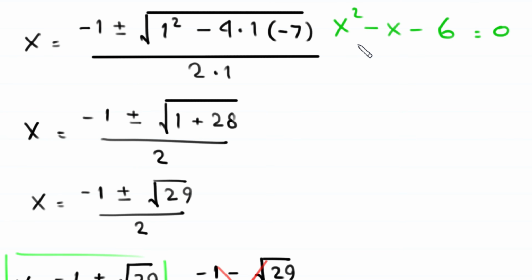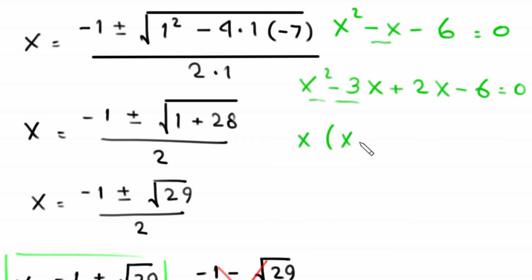Now this is a quadratic equation and it is factorable. We write x squared, break the negative x into two terms, negative 3 times x plus 2 times x, minus 6 equals 0. From the first two terms we can factor out x in brackets x minus 3, and from the last two terms we can factor out plus 2 in brackets x minus 3 equals 0.